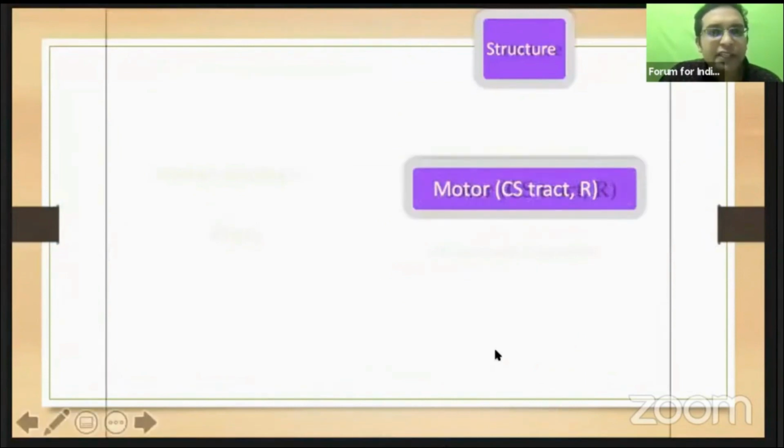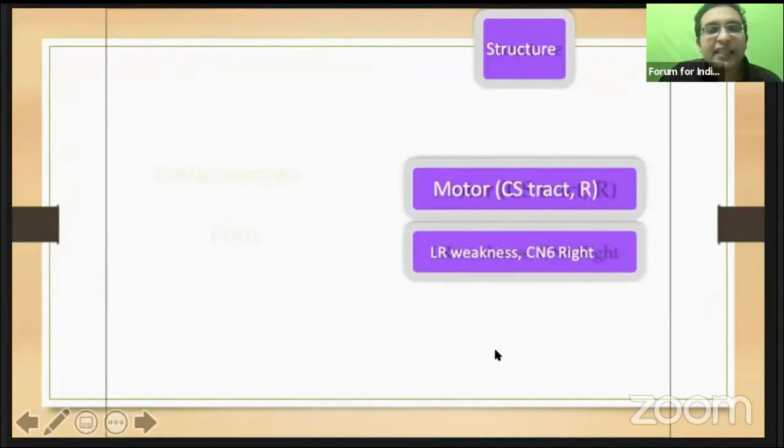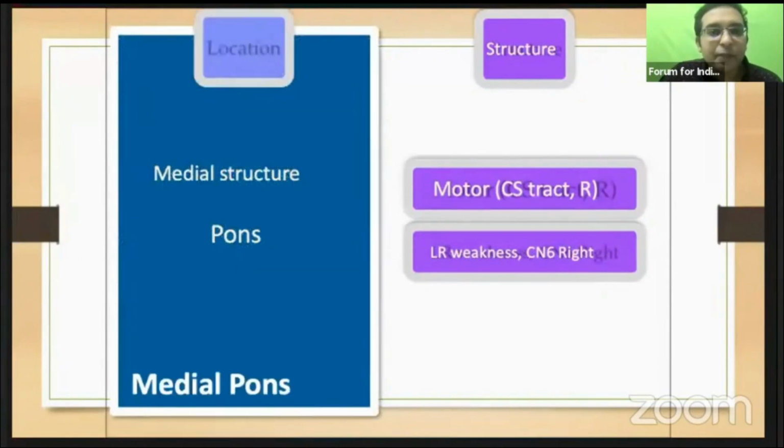So in our case, we had a left-sided weakness which showed that there was corticospinal tract involvement of the right, and the right lateral rectus weakness, that is abduction weakness to one side, suggested it is actually a medial pontine syndrome.